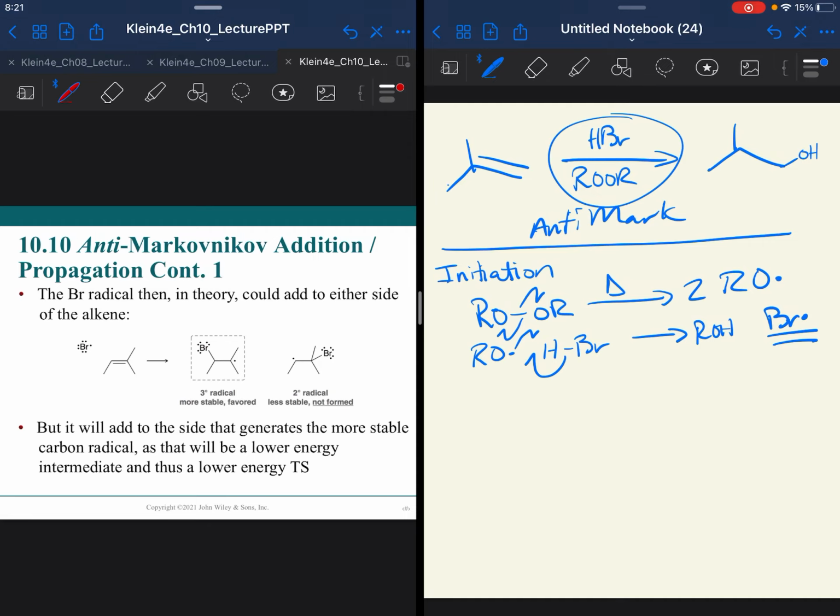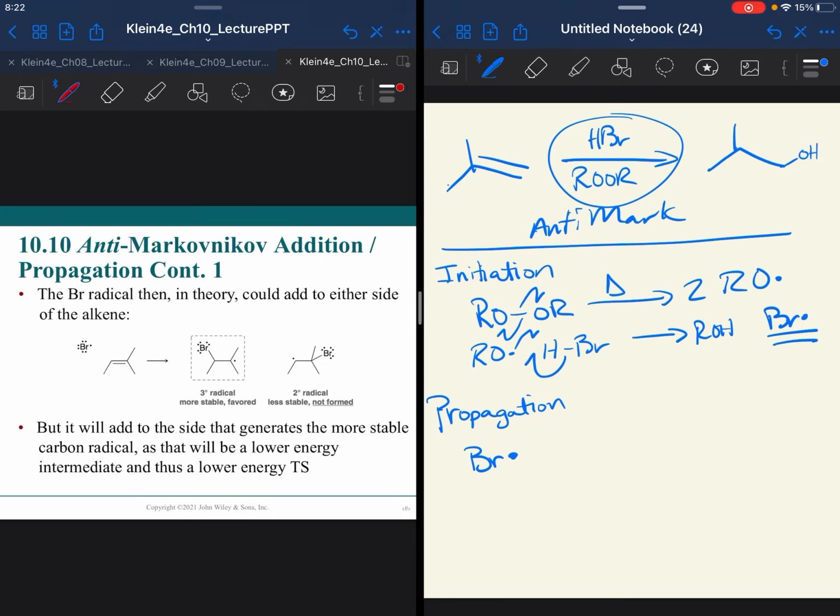Radicals are very unstable. They want to react. It's going to react first. So instead of the hydrogen going on first, the bromine goes on first. So it is still led by what's the most stable intermediate. It's just the bromine goes on before the hydrogen.